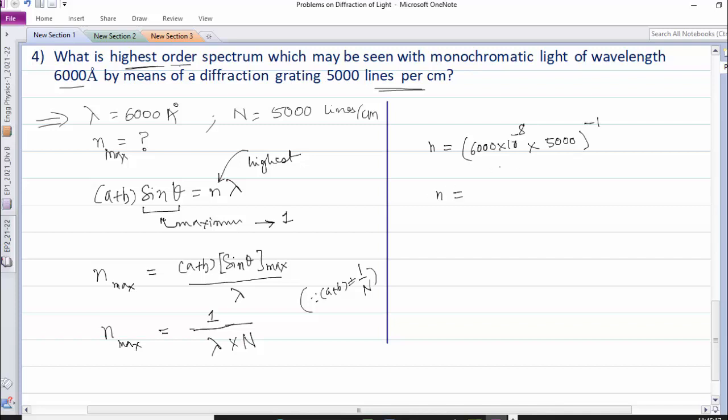Now take your calculator and find this product. It is coming 3.3. Order cannot be in decimal points, therefore the highest possible order is n equal to 3.